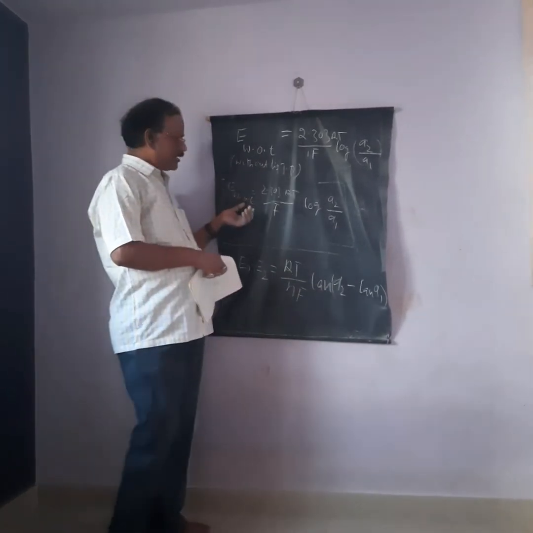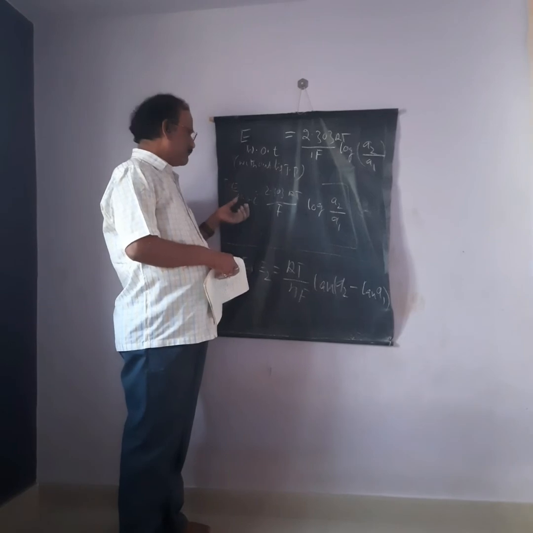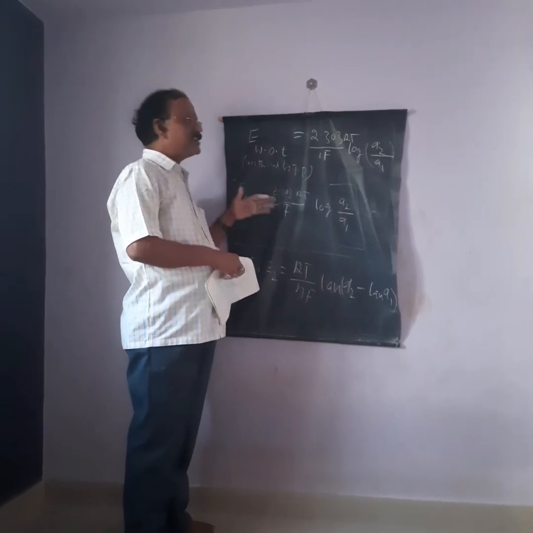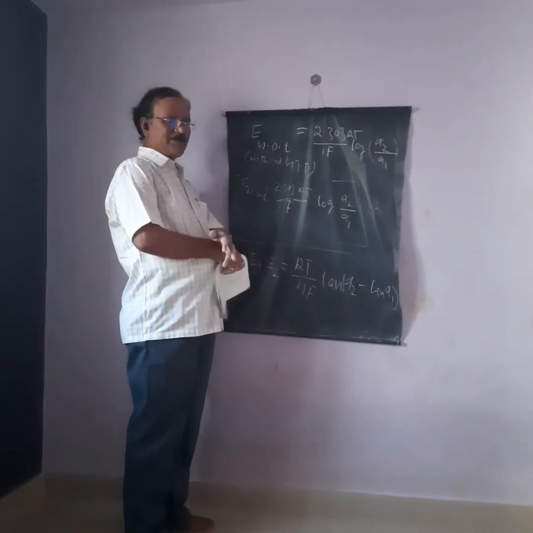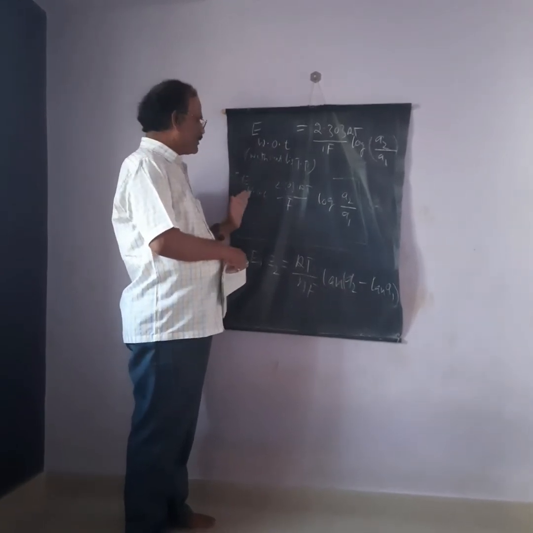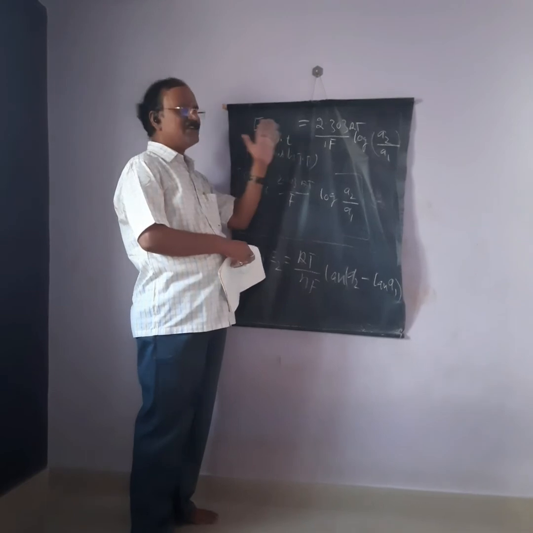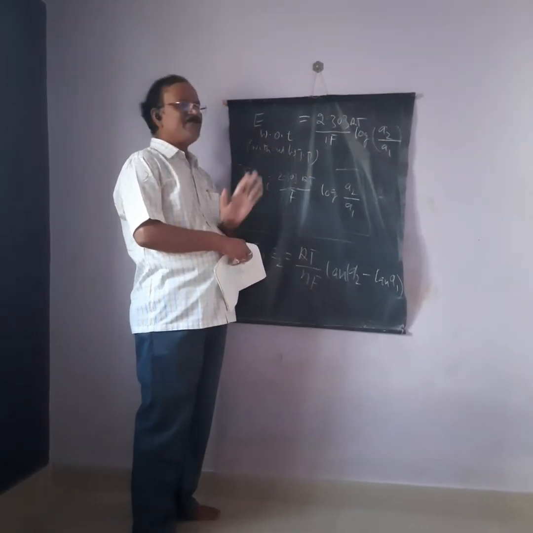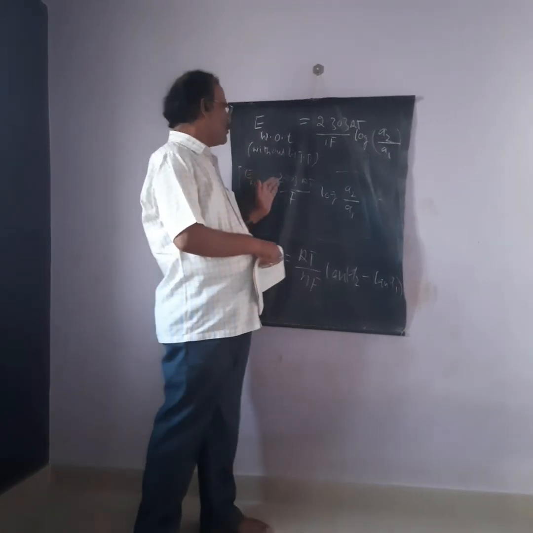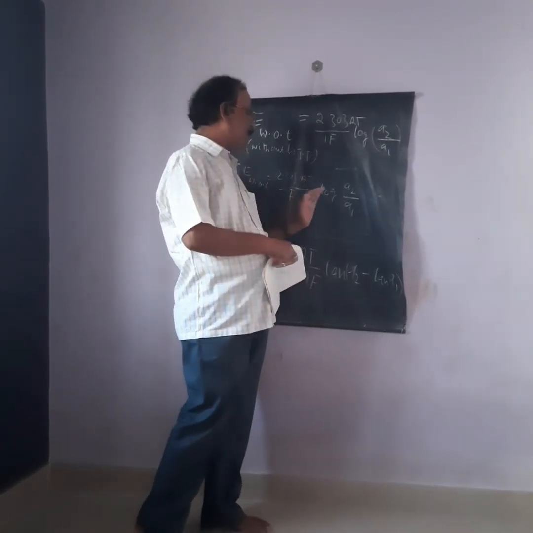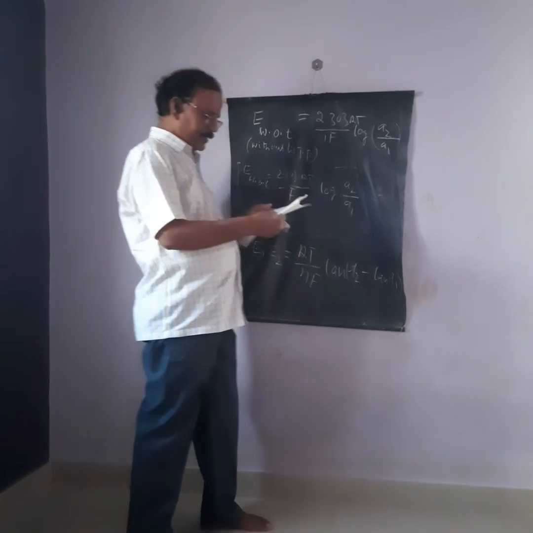So you can remember this equation very easily, EMF without transport. You can take the same example while taking with transport, with the same hydrogen gas electrode, the same type of electrodes. That is, EMF without transport is given by 2.303 RT by F into logarithm of A2 by A1.